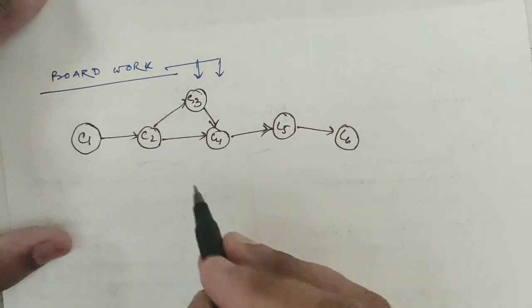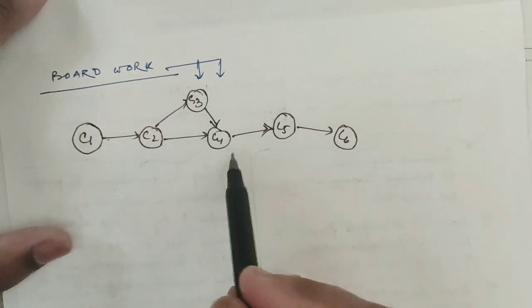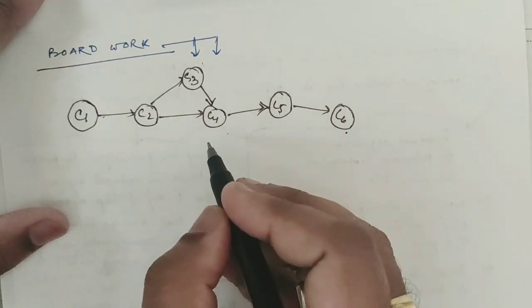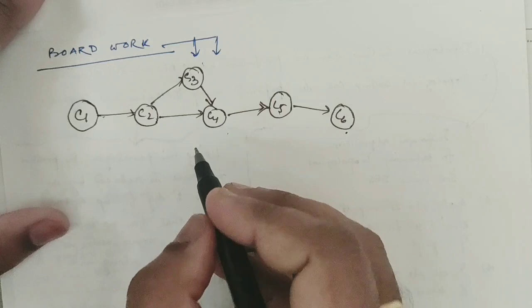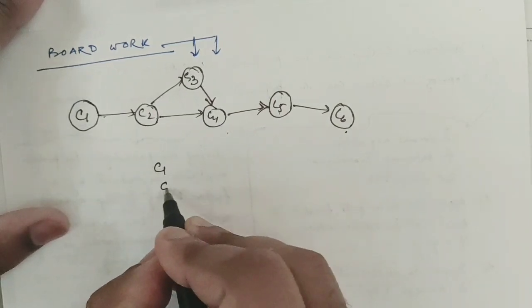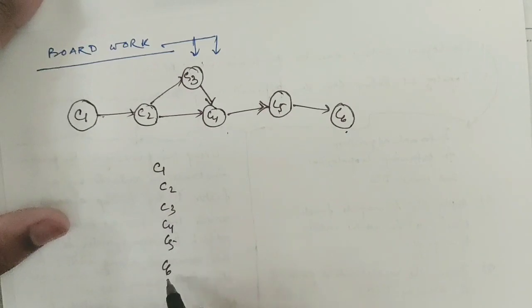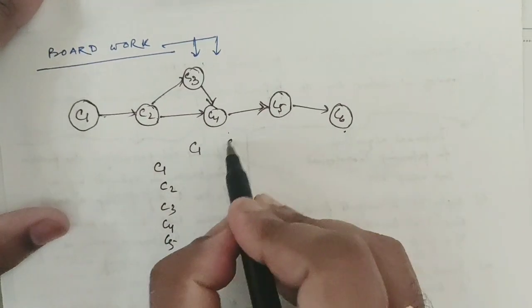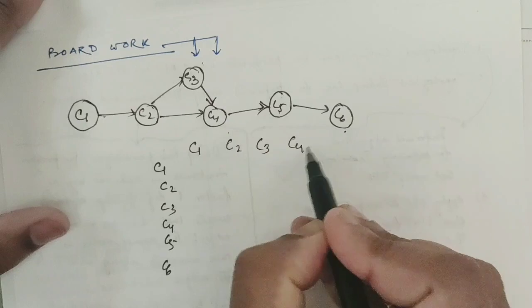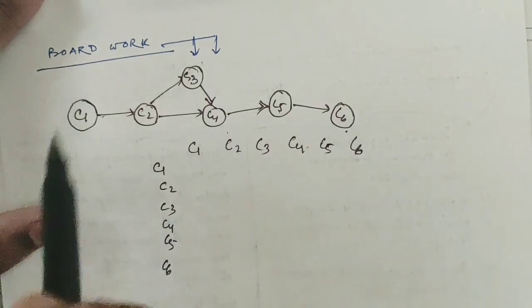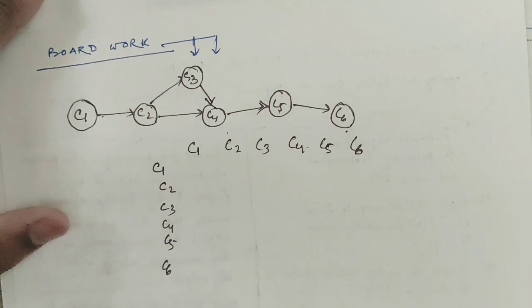There are 1, 2, 3, 4, 5, 6, a total of 6 vertices, so the matrix size will be 6 by 6. C1, C2, C3, C4, C5, C6 as 6 rows, and C1, C2, C3, C4, C5, C6 as 6 columns. From the graph, there is no self loop for C1.